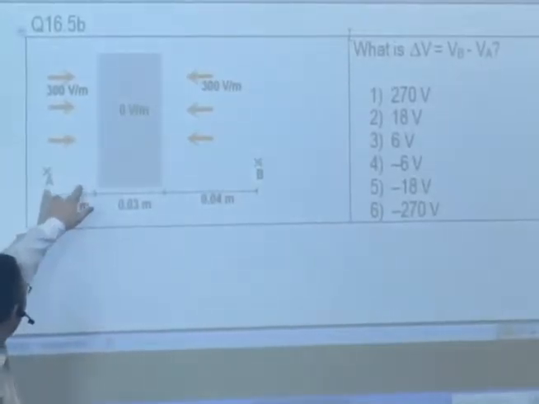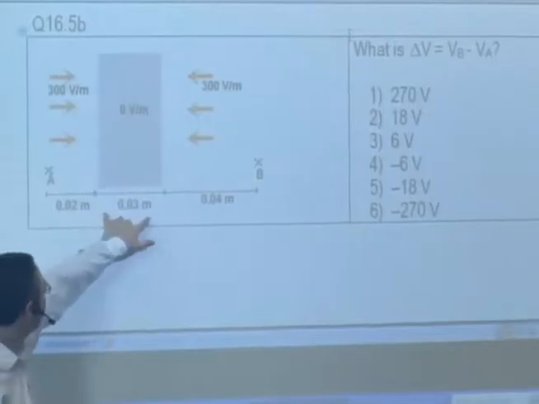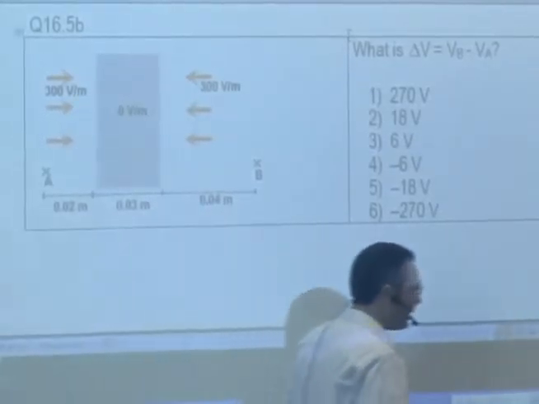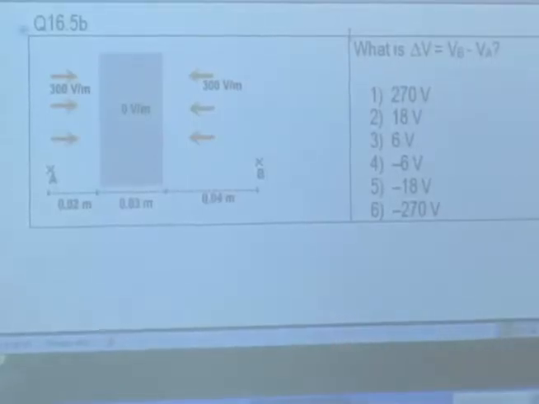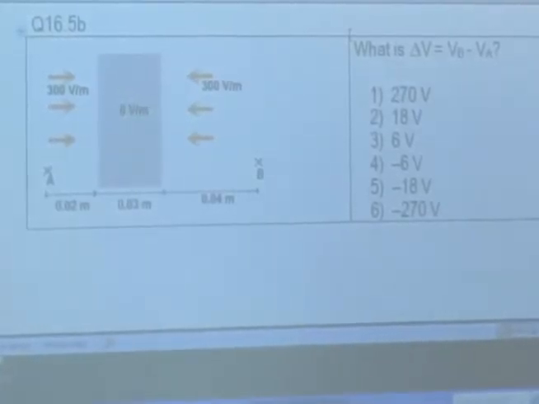The distance from point A to this surface is 0.02 meters. This distance is 0.03 meters, and then this distance is 0.04 meters to B. First of all, could we have a situation like that? What is going on here? You have a region where you have a uniform electric field on one side, a uniform electric field on the other, and it's 0 in the middle.